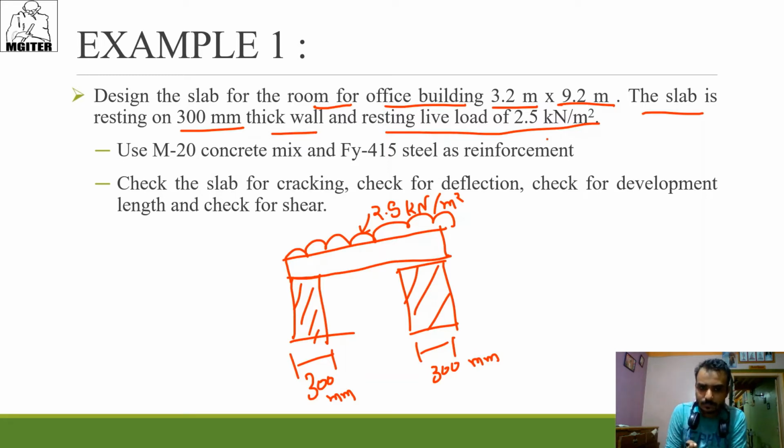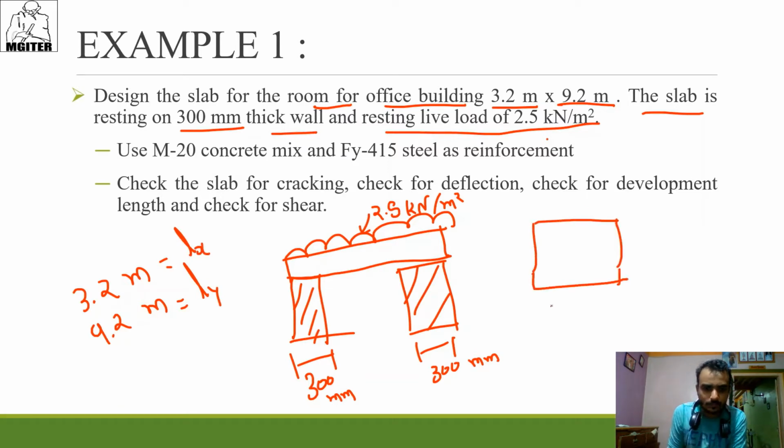Slab is resting, okay. So this type of figure again, but here the dimensions given are 3.2 meter and 9.2 meter. So 9.2 is ly and 3.2 is lx. This is the slab cross section. If this is 9.2, then this is 3.2 meter.